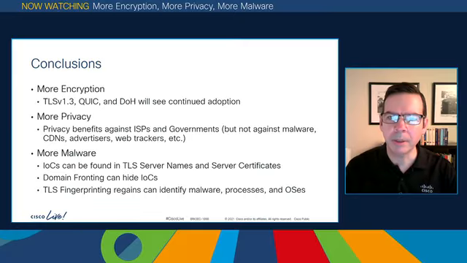So we need to be aware that we can look for indicators of compromise in the TLS server name and in TLS server certificates as well. Domain fronting can hide some of these indicators of compromise, so we need to be aware of that. And lastly, TLS fingerprinting is especially interesting because it can regain some of the visibility lost to these new standards.